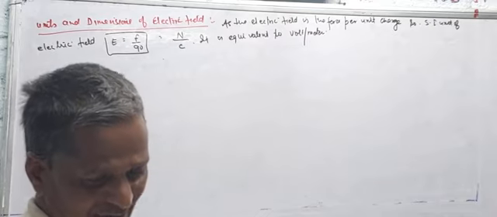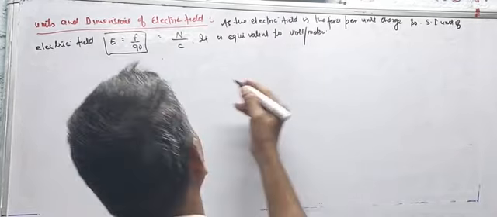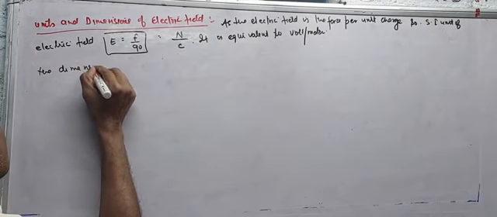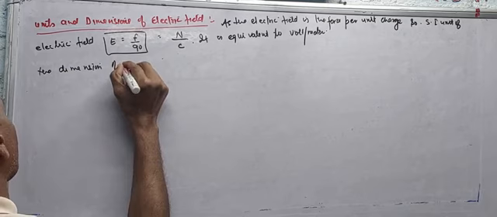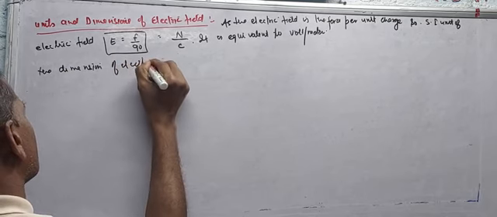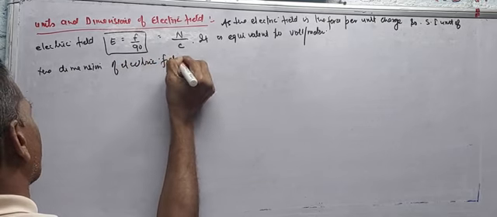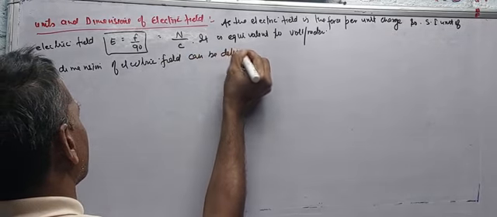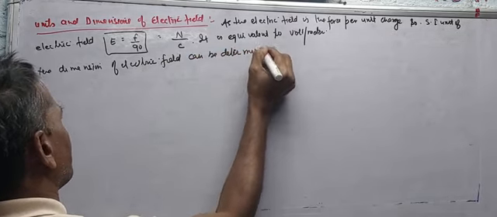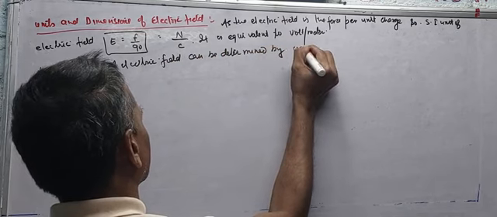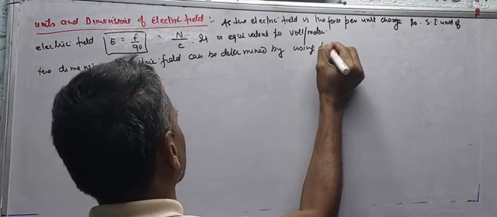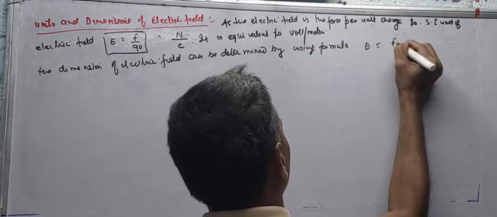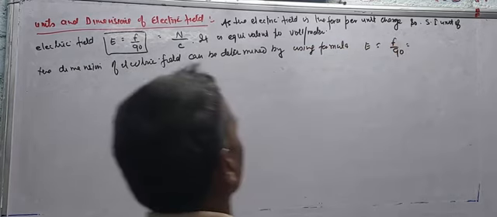The dimensions of electric field can be determined by using the formula E equal to F upon q naught.